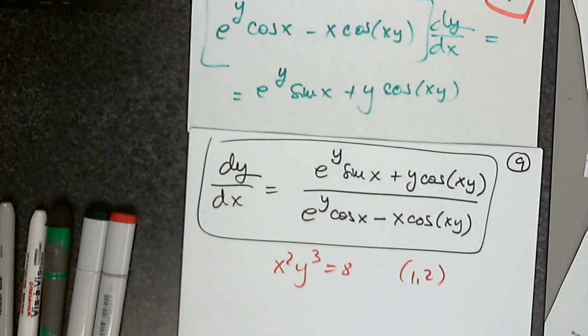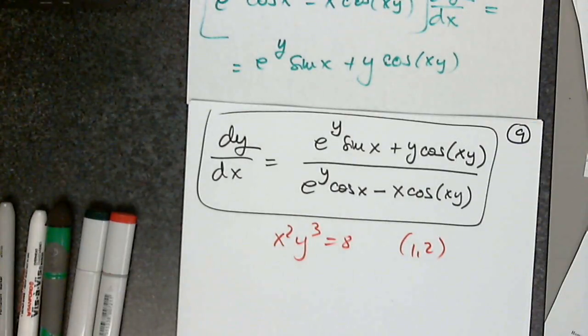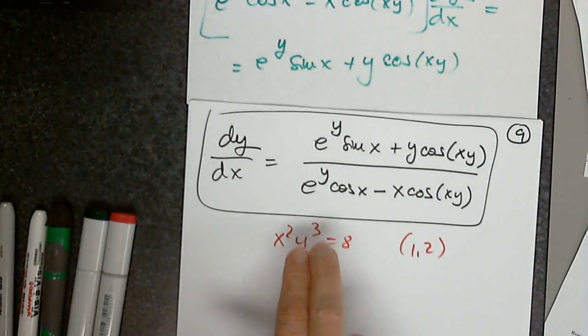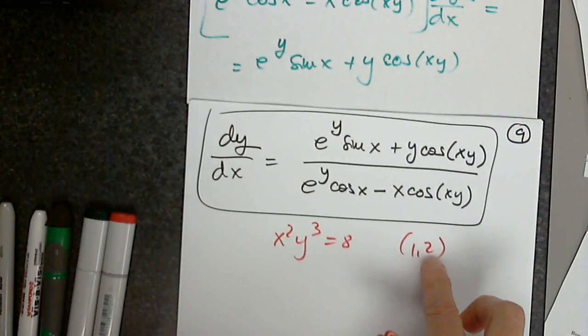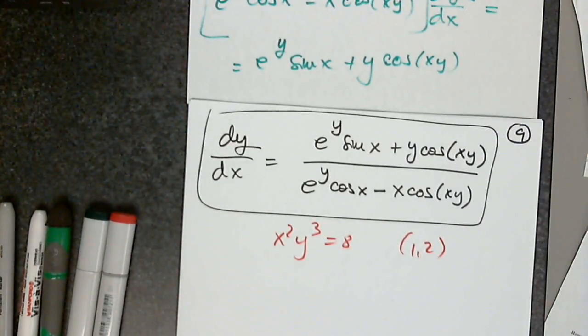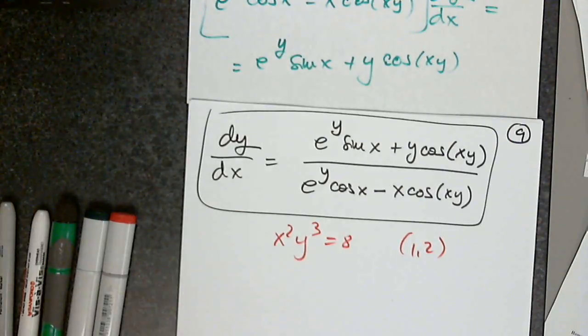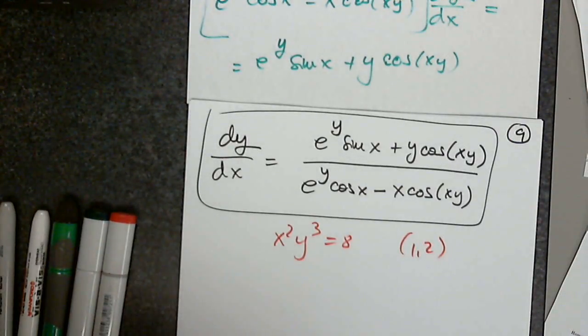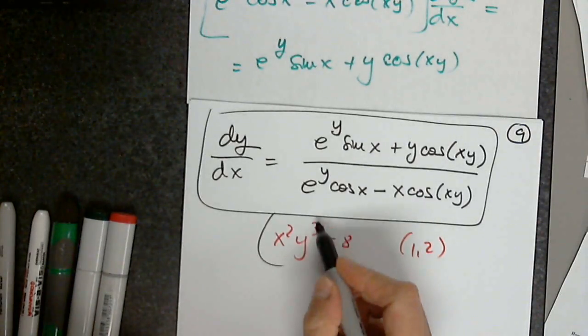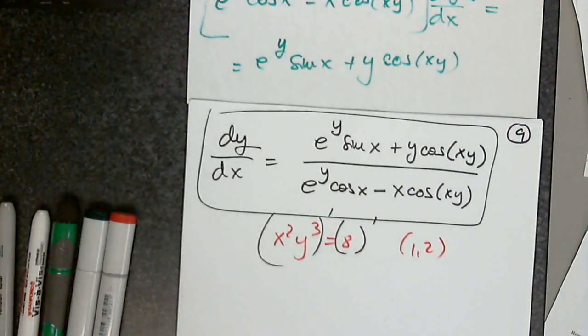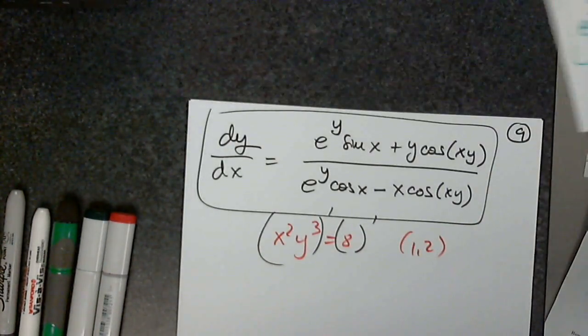Good, perfect. So how do I determine the slope of the tangent line to the curve at point (1, 2)? What do I have to find? Of course, how do I find the slope? What do I have to find first before I get the slope? Yes, of course. Good. So can anyone dictate the left-hand side?